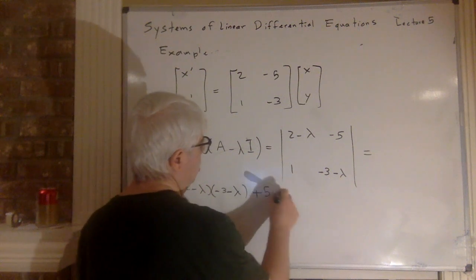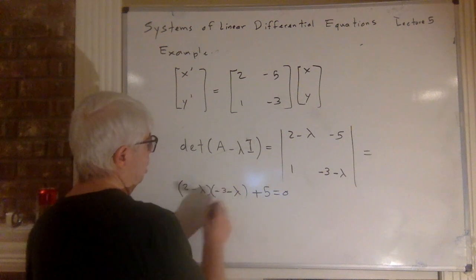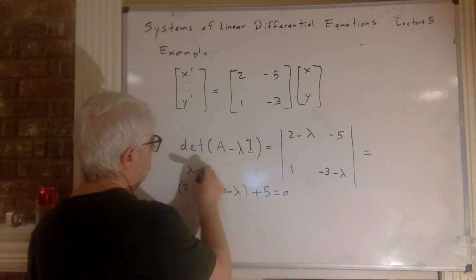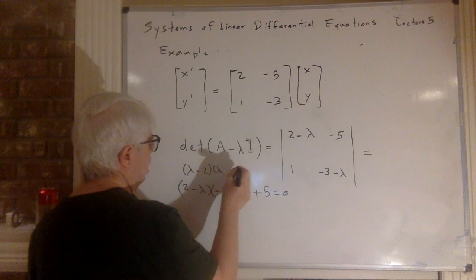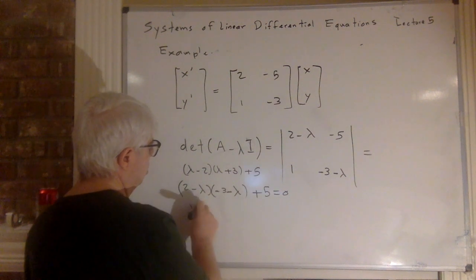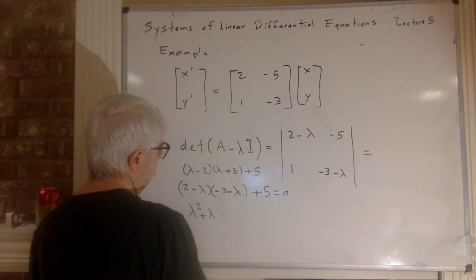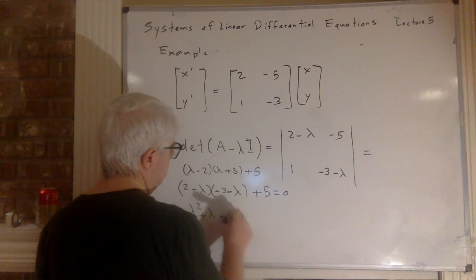I will discuss that after this one if I have time tonight. So that's (2 minus lambda) times (minus 2 minus lambda) plus 3 plus 5. So I have lambda squared plus lambda, minus 6 plus 5.